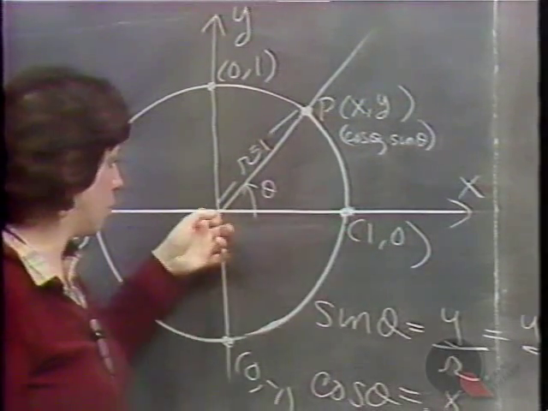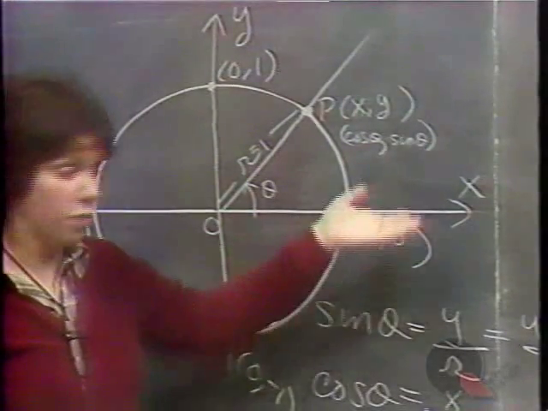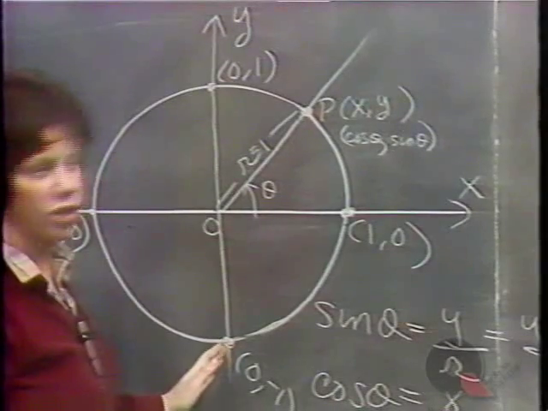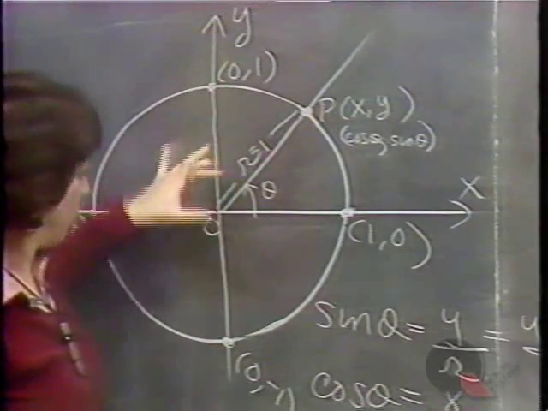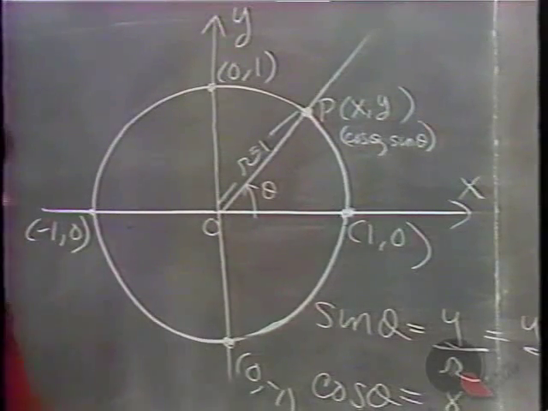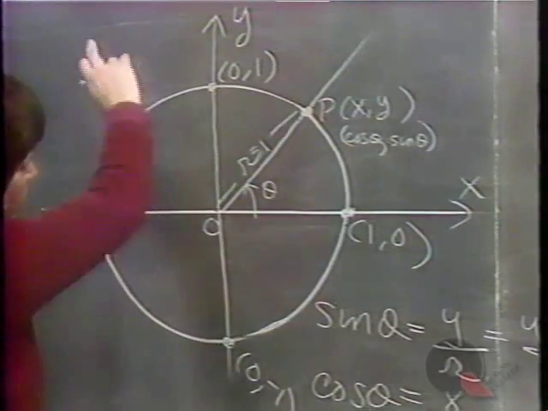So this point is 1 unit to the right. The x-coordinate is 1. The y-coordinate is 0 because it's on the x-axis. Here and here, the x-coordinates are 0. And we go 1 unit up, 1 unit down. Here, the y-coordinate is 0. X is equal to minus 1. From this, we'll be able to read off right away the sines and cosines of these angles.